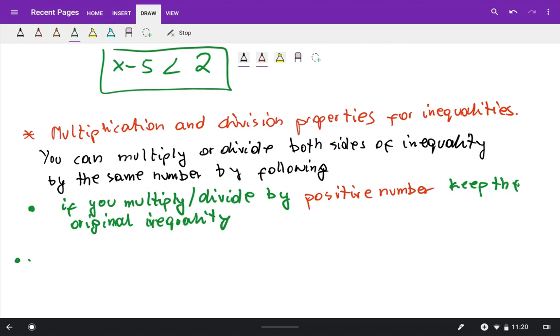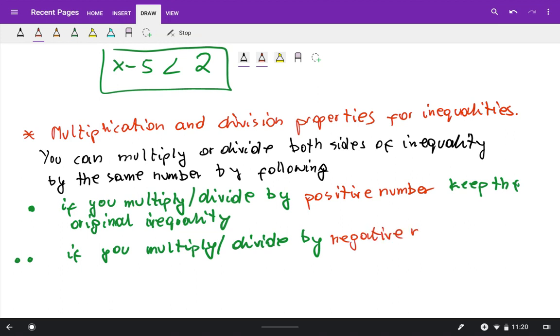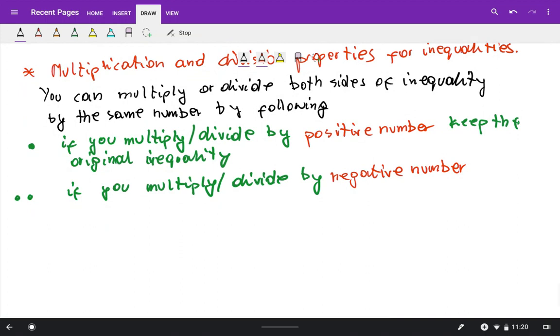And the second one: if you multiply or divide by a negative number, what you're going to do here is reverse the inequality symbol.